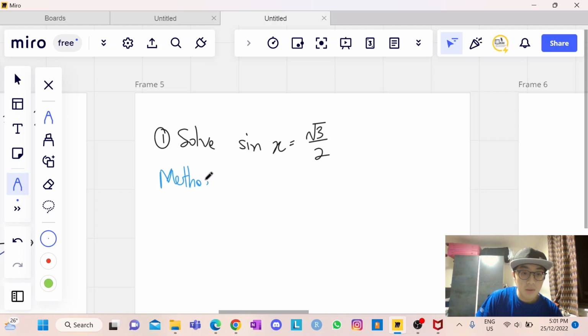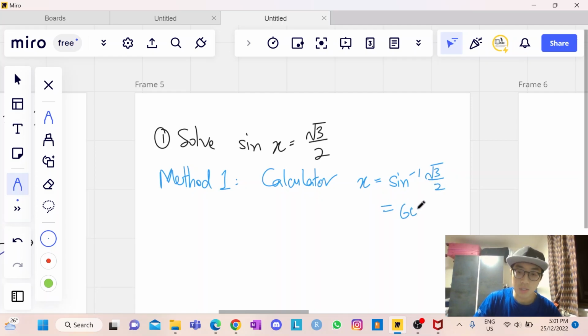Method 1 is using the calculator, where you will find x is equal to inverse sine square root 3 over 2, and you will get 60 degrees.